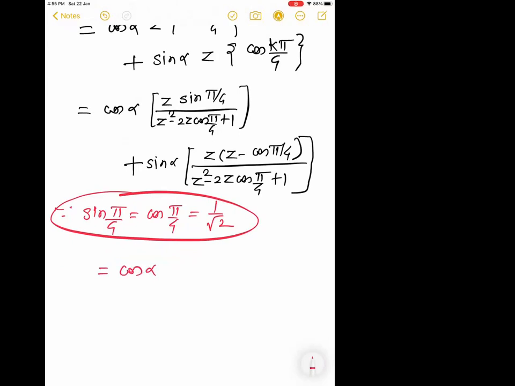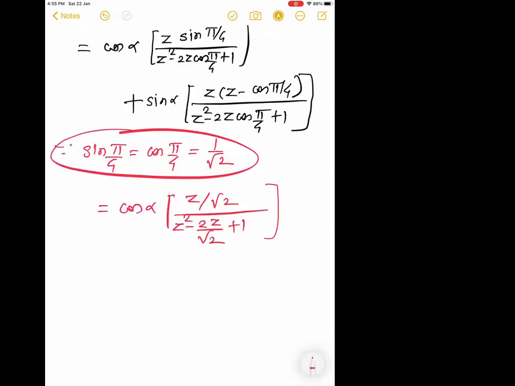Cos alpha z upon root 2 divided by z square minus 2z upon root 2 plus 1, plus sin alpha z into bracket z minus 1 by root 2 upon same denominator, z square minus 2z upon root 2 plus 1.